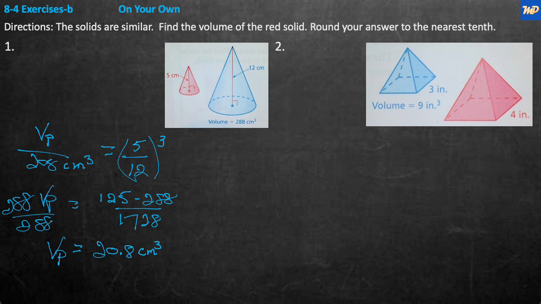20.8. And now for number 2 over here. Same type of thing. We're looking for the volume of the pink one. So the volume of the pink pyramid over the volume of the blue one, which is 9 inches cubed, is equal to the ratio component, which in this case for the pink is 4.